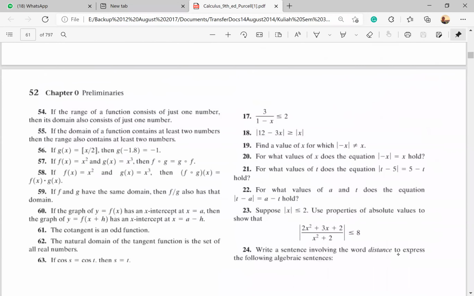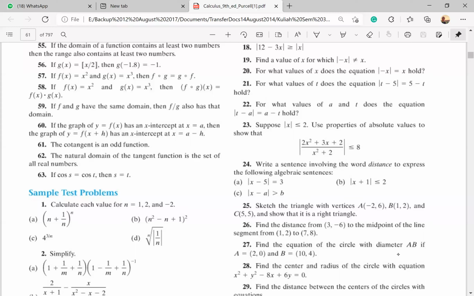All right, so problem 23, for example. Oh, sorry, this one.